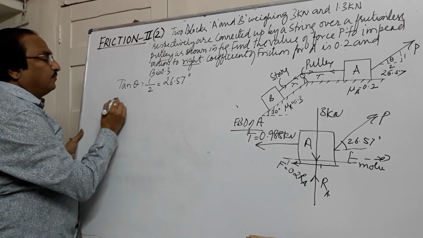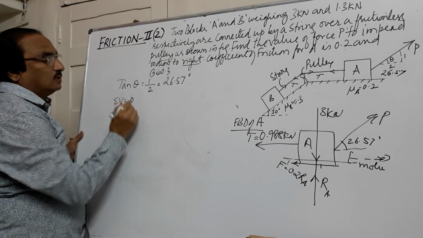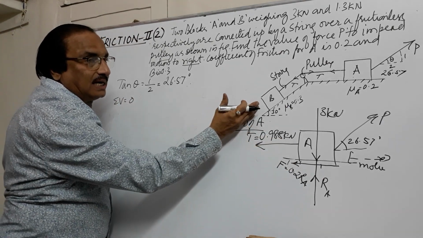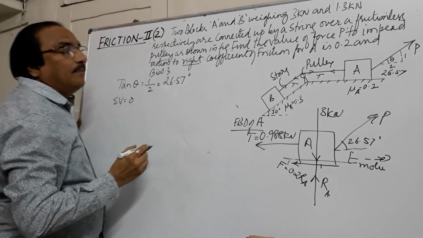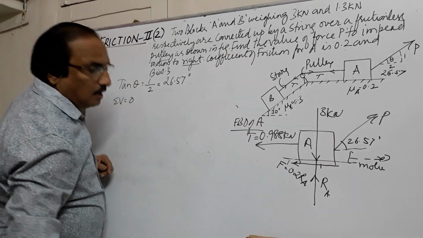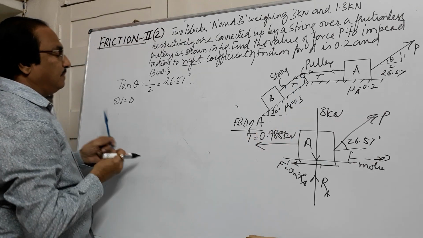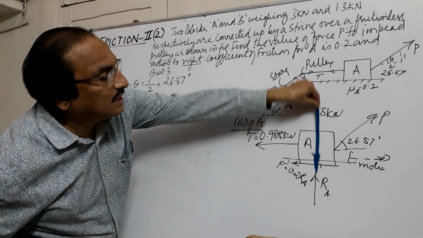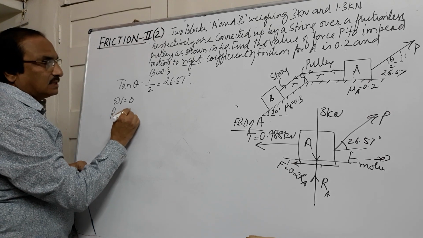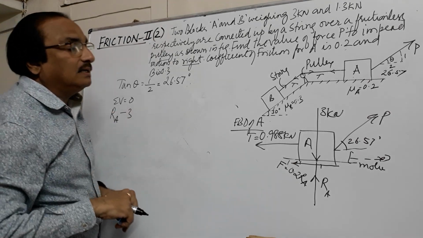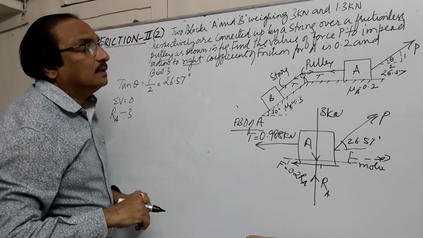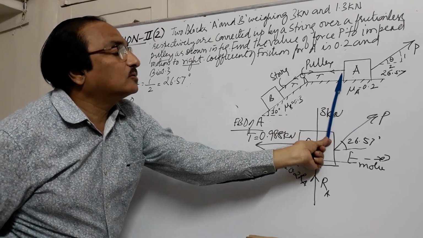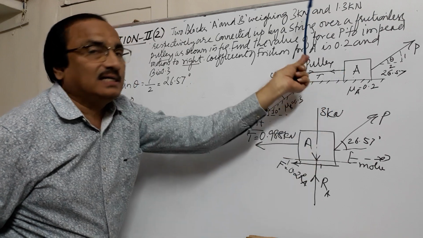So if I resolve the forces, this is on a horizontal plane, so resolve horizontally and vertically. On an inclined plane, perpendicular and parallel. If I resolve vertically, sigma V is equal to 0: RA is up, plus RA. This 3 kilonewton is acting vertically down, minus 3 kilonewton, and this force P, if I resolve it vertically, it is going away from the angle and it is up.